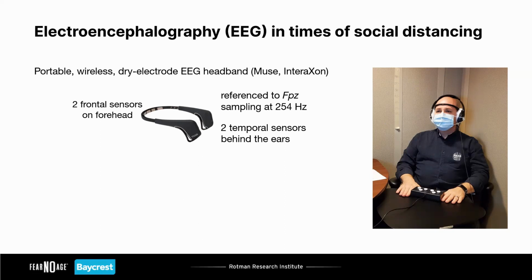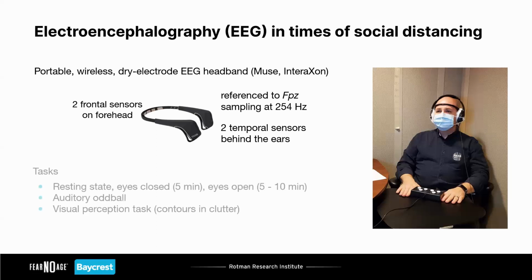So I'm going to call them temporal. And they transmit the EEG brain activity wirelessly to a computer that our research assistant was sitting quite at a distance away. A lot of the participants were actually able to put this EEG headband on themselves. So it really allowed us to do social distanced EEG recordings.